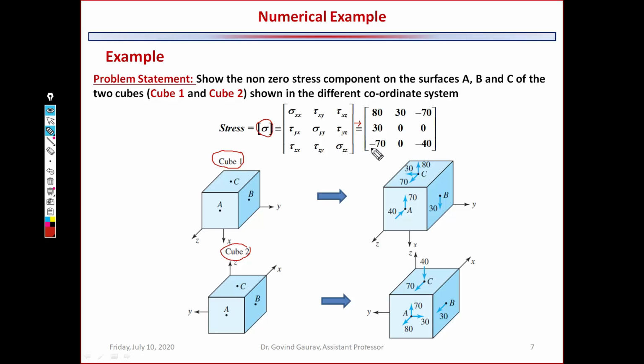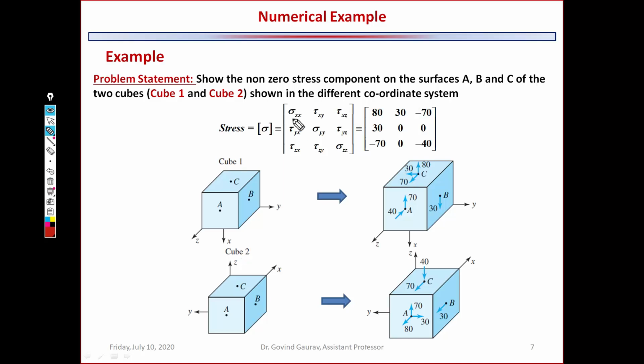If we consider face C, the values acting on this particular face are 80, which is the normal stress, and 30, which is the shear stress acting in this direction. And again the value of minus 70, which is again a shearing stress, is acting in the z direction.